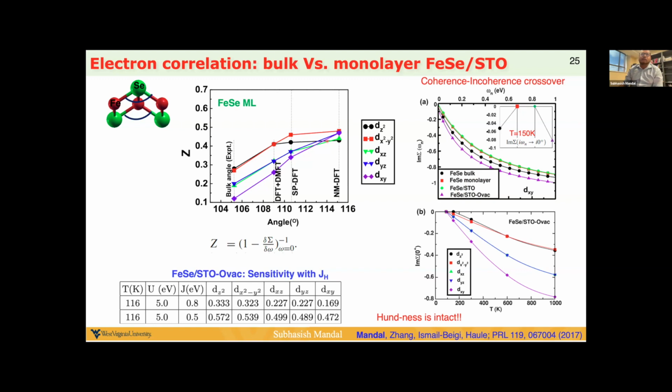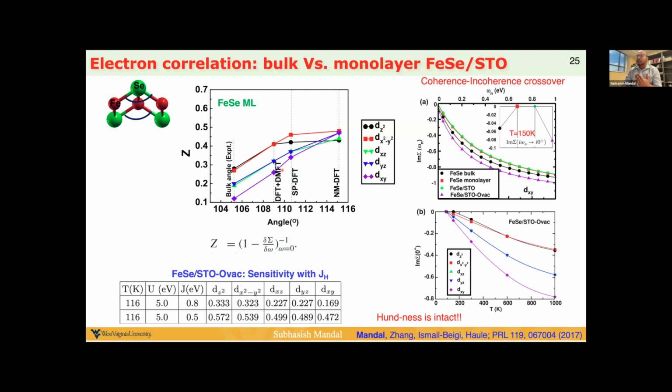And if we calculate this spectral weight as a function of angle and make a fake FeSe with the angle of the bulk, which is known from the experiment, you see that it follows linearly. That means going from 3D to 2D, the only structural parameter controlling the strength of correlation is the angle.